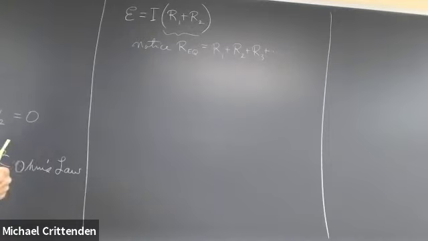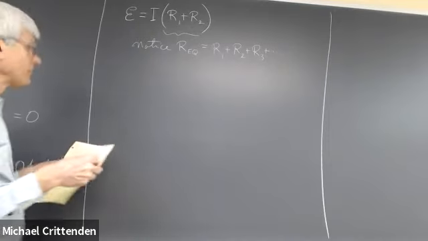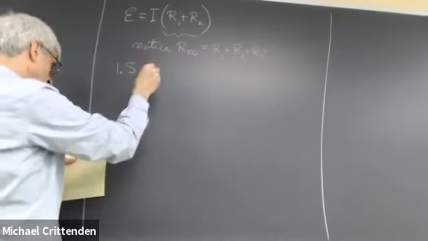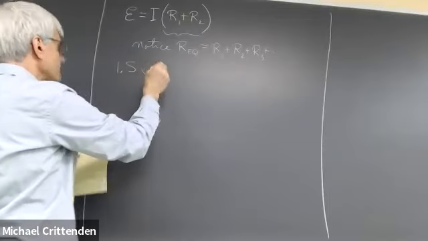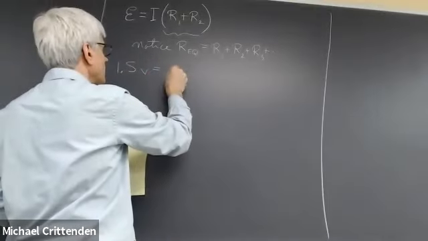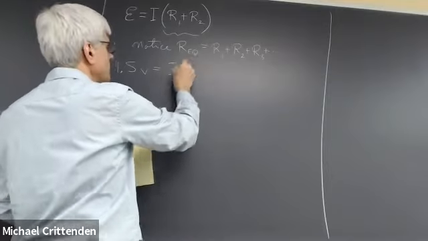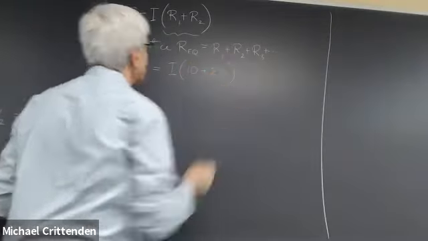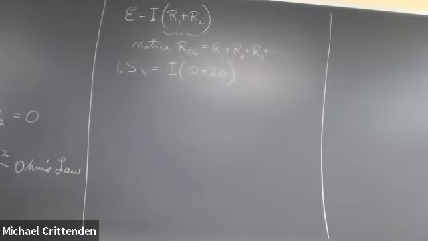Well, having gotten that out of the way, let's stick the actual numbers in and get the answer. For this particular problem, EMF is the 1.5 volts. I is the unknown. The two resistors are 10 and 20.